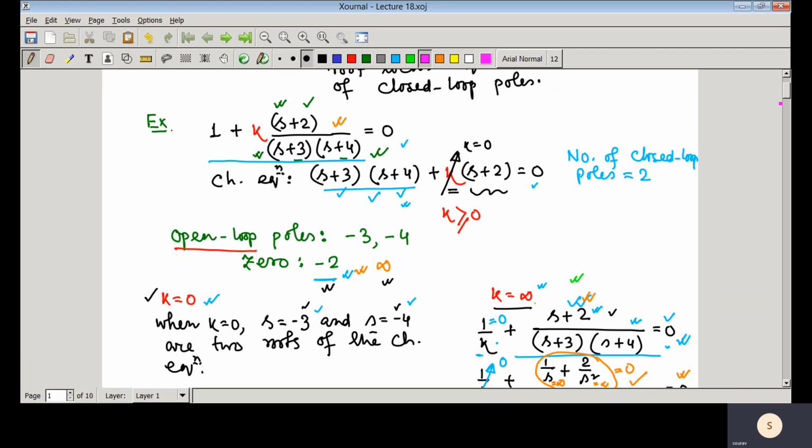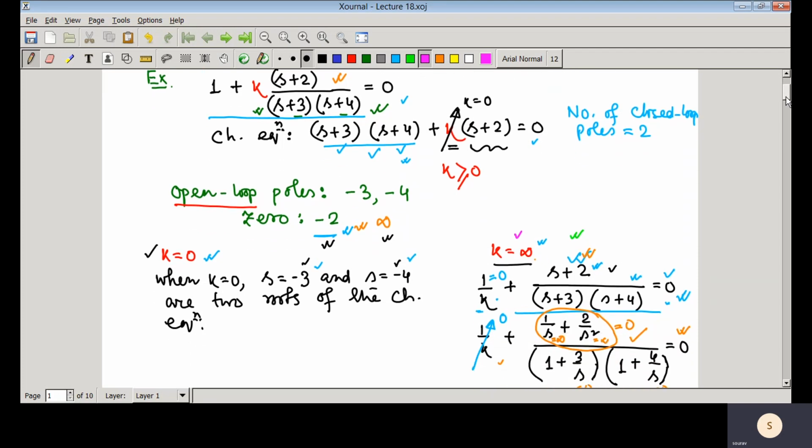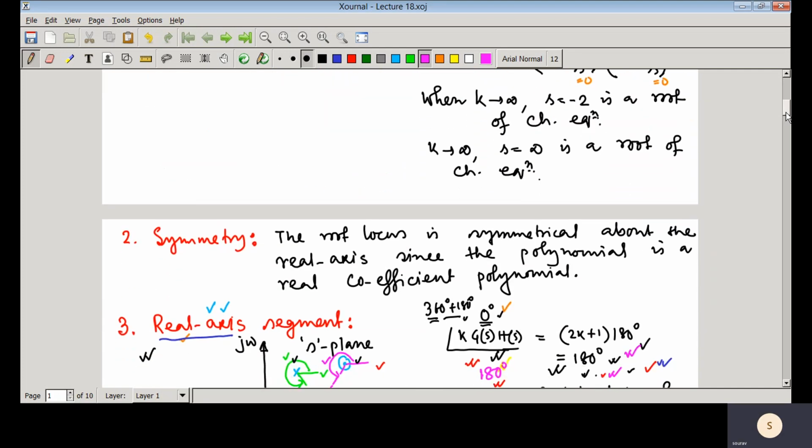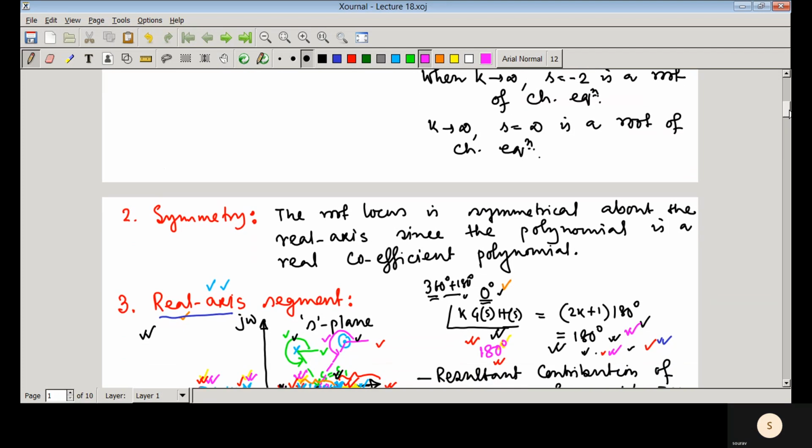Whenever k equals 0, the open loop poles and the closed loop poles coincide, and when k tends to infinity, we have seen that the root locus ends up at the open loop zeros. Then the next rule is symmetry: as the characteristic polynomial is a real coefficient polynomial, it is symmetric with respect to the real axis.